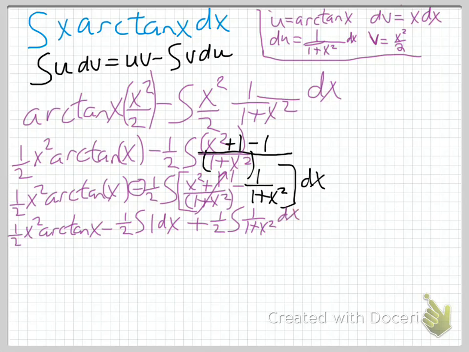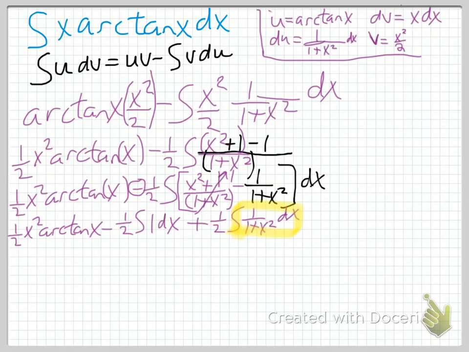And then we can take the integral, because we notice that the second integral over here is simply arctan. So it'd be 1/2 arctan if we took the integral of that.